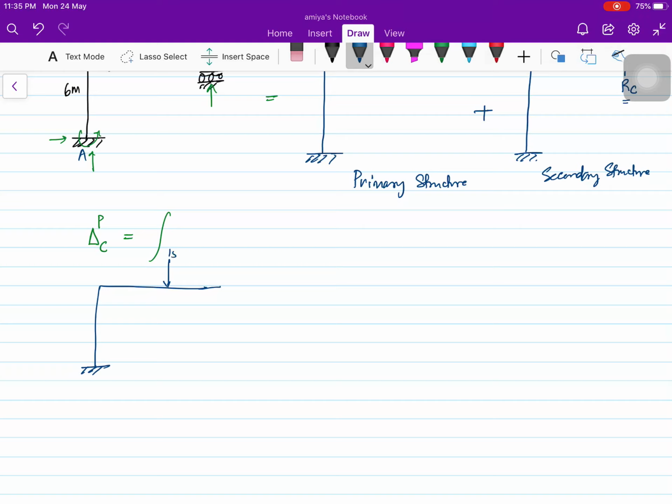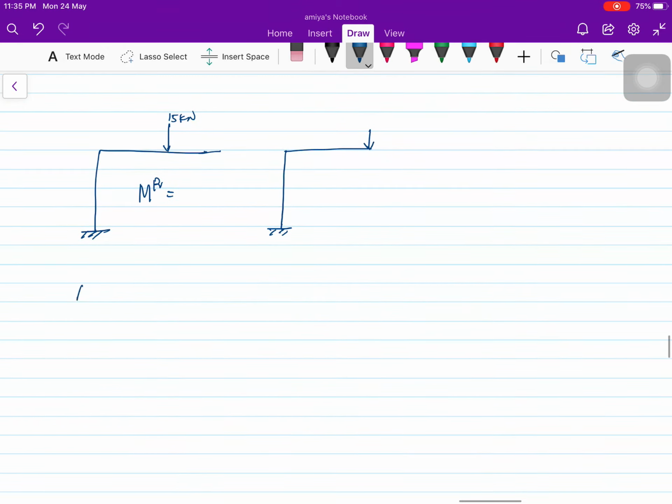This is the 15 kilonewton load. I'm going to calculate the real moment, and for the virtual moment, because we are calculating the deflection at C, I'm going to put a virtual unit force of 1 at end C.